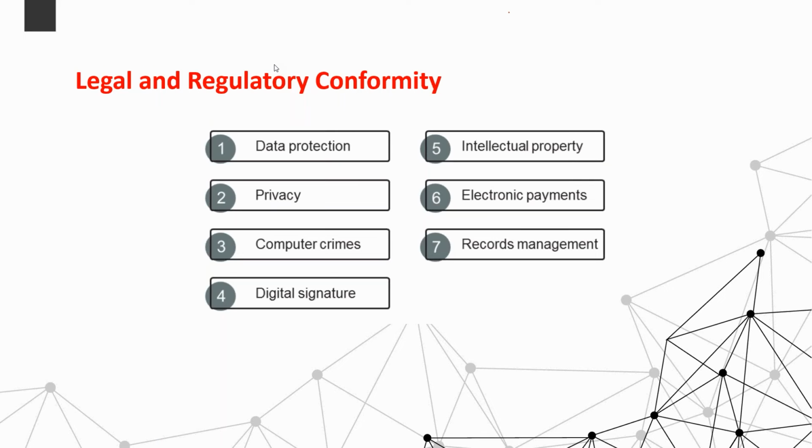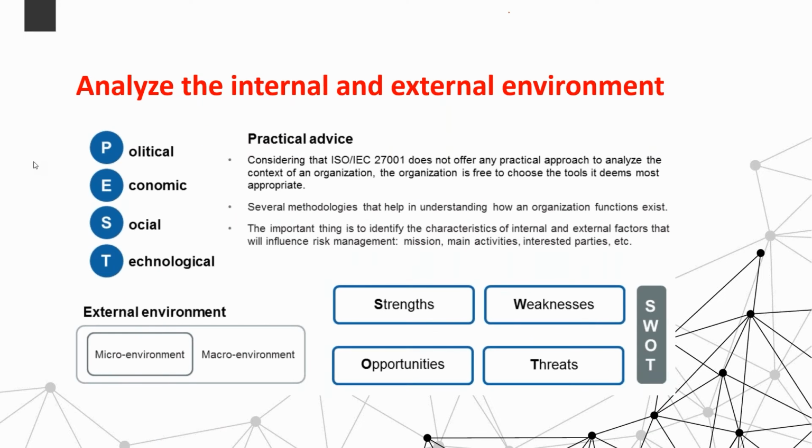The organization is free to choose the tool or team which is most appropriate. There are several methodologies which help in understanding how the organization functions. The important thing is to identify the characteristics of internal and external factors that will influence the risk management, mission, main activities, interested parties, and multiple things.